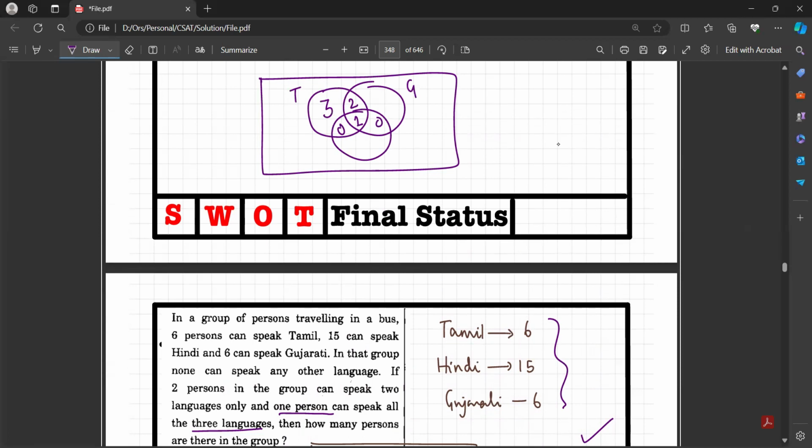If this is Gujarati, 2, 1, 3, this becomes 12. If this is Hindi, this becomes 12. If this is Gujarati, then this becomes 5. Now add them. 12 plus 3 is 15, 2, 17, 5, 22, 1, 23. So the value is 23. In either case, you got the same answer. So this can be used also.